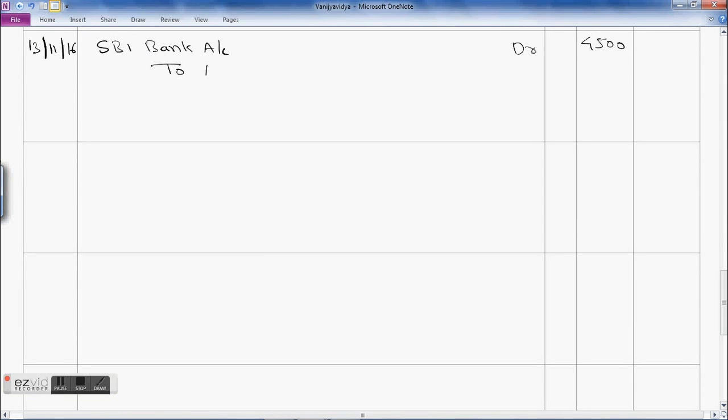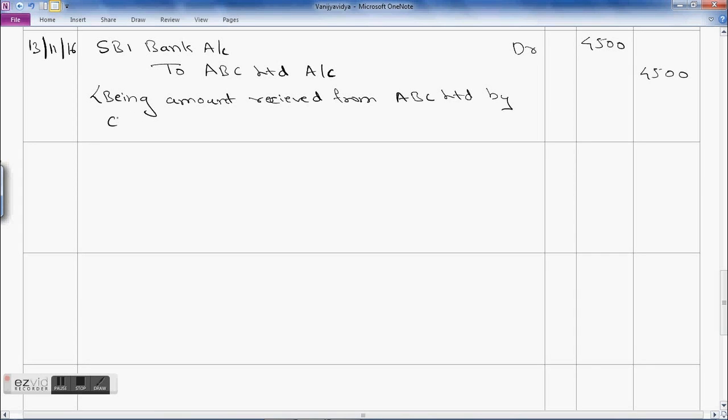To ABC Limited account 4,500, being amount received from ABC Limited by check number so and so, dated so and so. What is the transaction number here? 15. Let's put the transaction number.